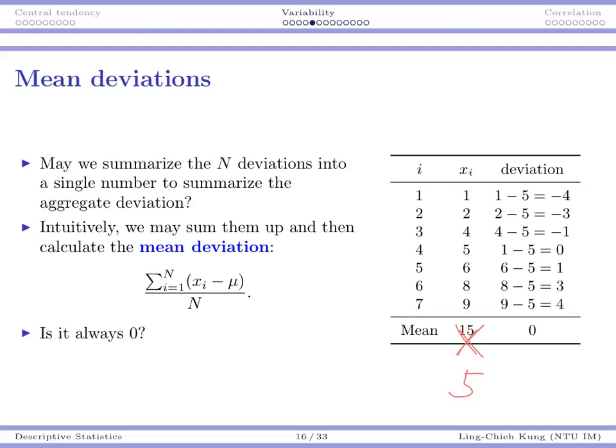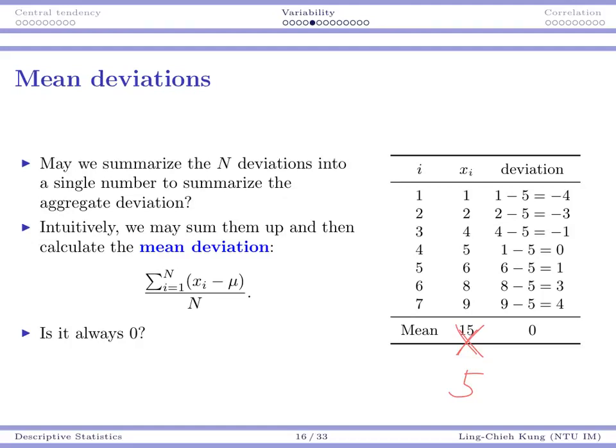If you think about the definition of mean again, then you should be able to convince yourself that if we define mean deviation in this way, it will always be 0, right? Because mu is calculated with some concept of average, and you do the deviations based on that average, and then you sum them up.